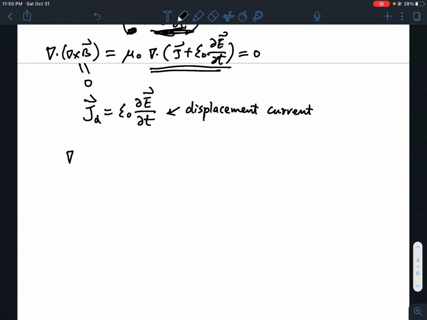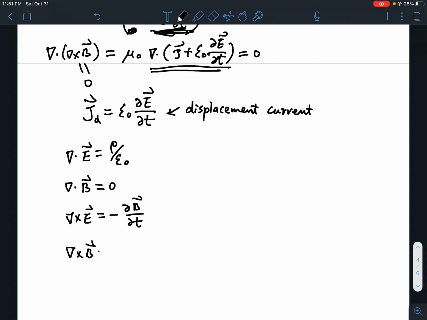So now Maxwell's equations become: del dot E equals rho divided by epsilon 0, del dot B equals 0, del cross E equals minus partial B over partial t, del cross B is really mu 0 J plus mu 0 epsilon 0 partial E over partial t.